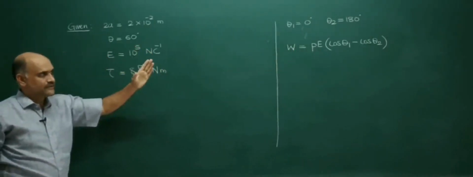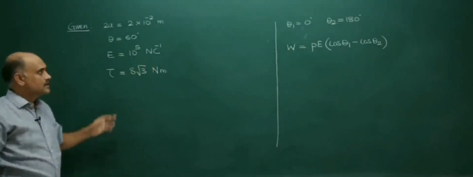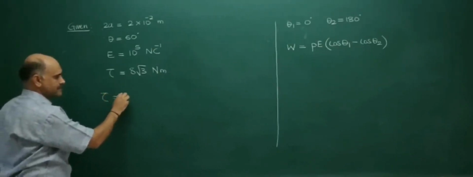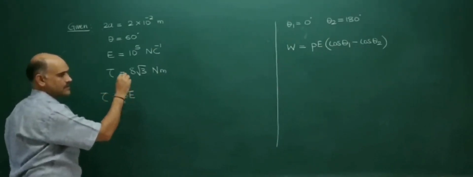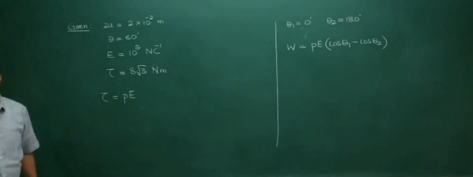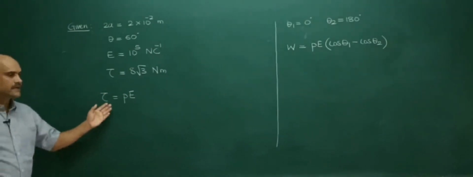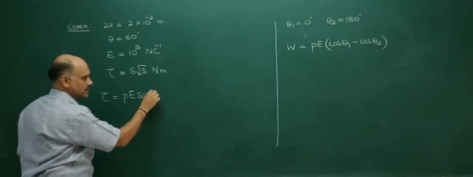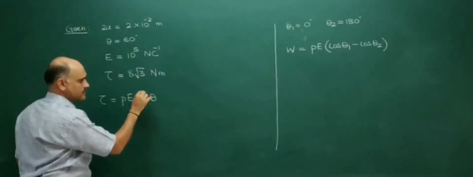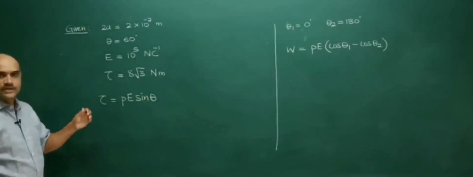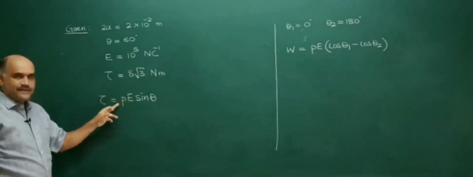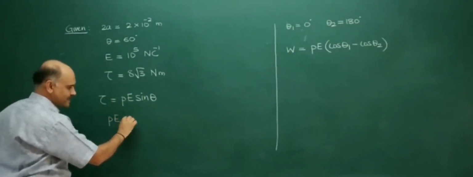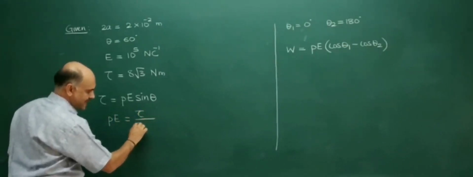If I take the formula of torque, torque is given by pE into sin theta. So pE will be equal to tau by sin theta. Therefore pE is equal to tau by sin theta.